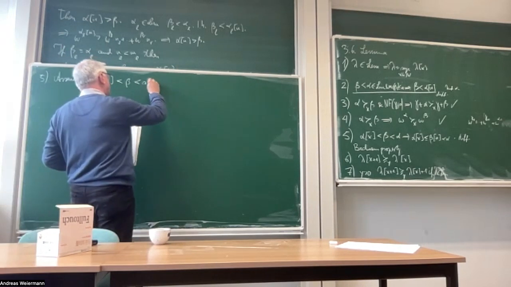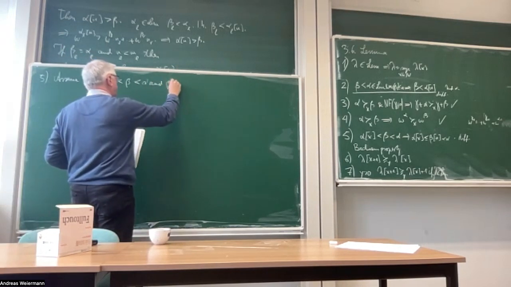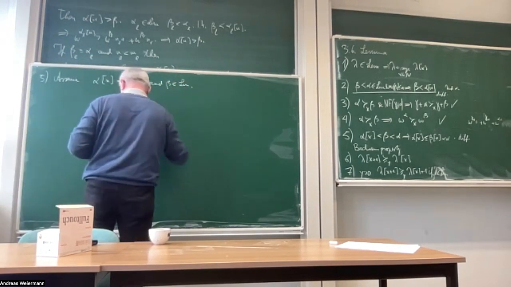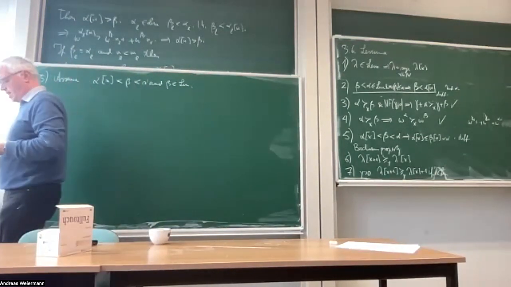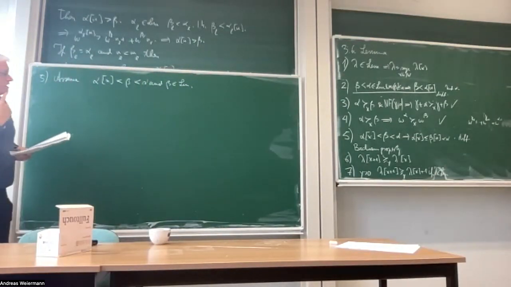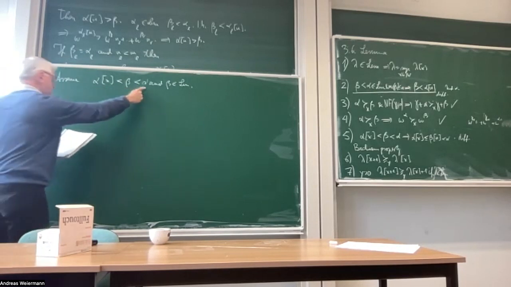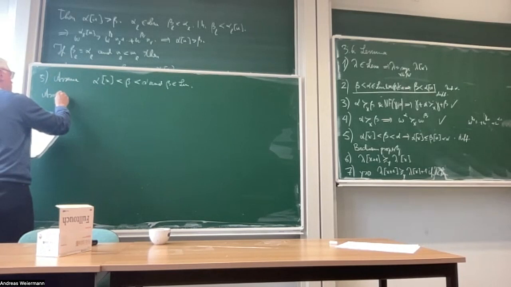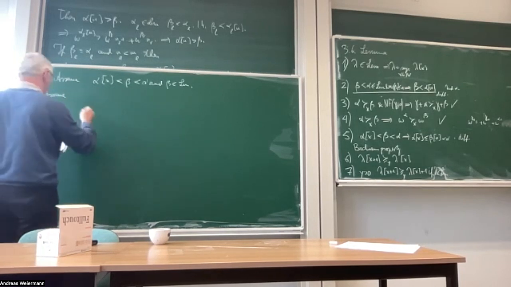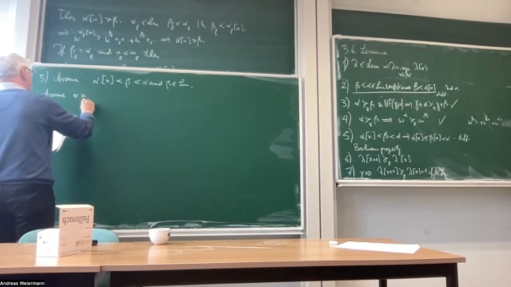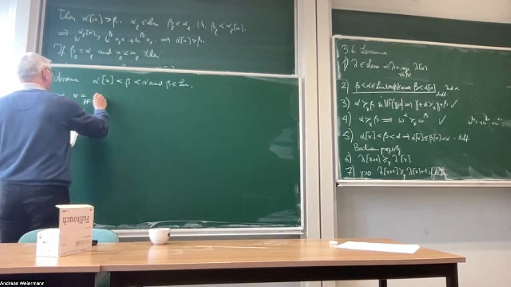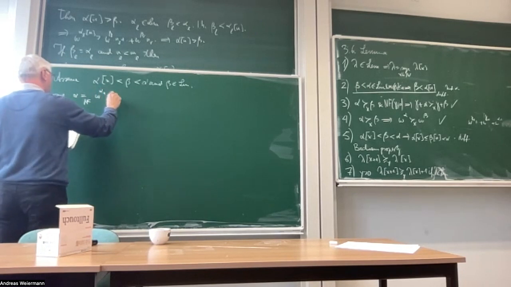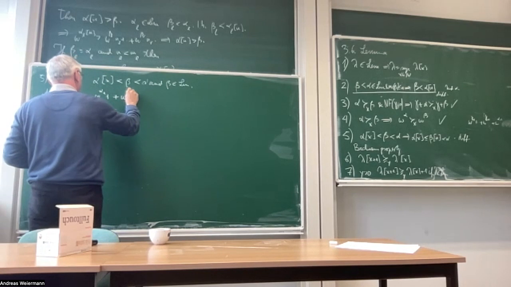Then it's simple. We may assume that beta is something like that. Now, next thing is we write down what is alpha. Alpha can be a sum. So alpha in normal form is omega to the alpha 1 plus omega to the alpha n.